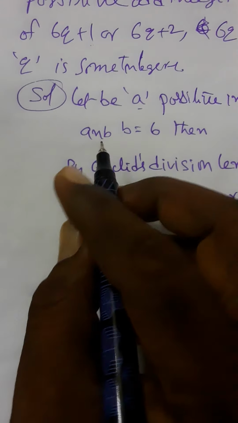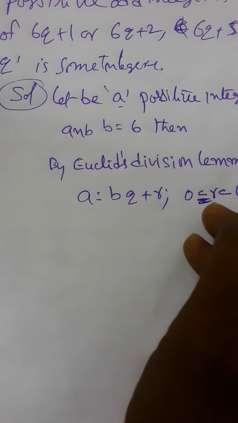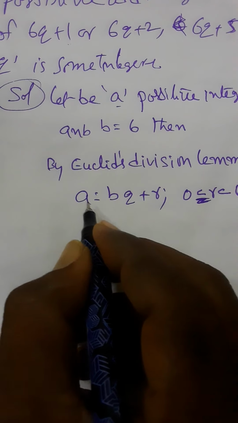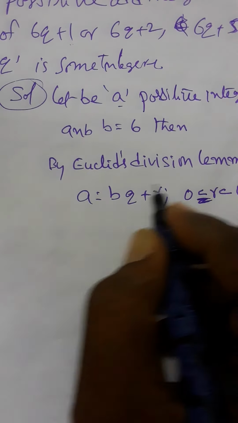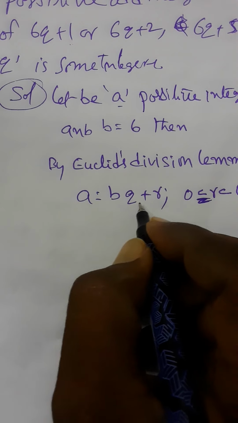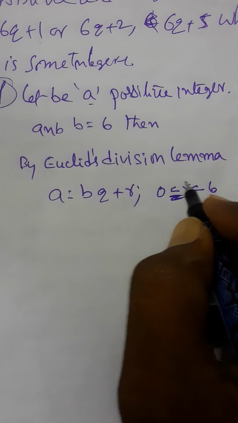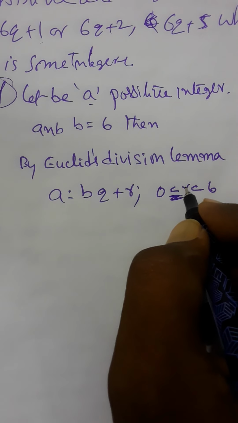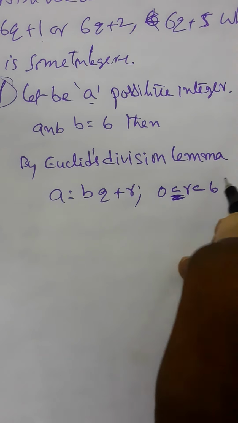Then by Euclid's division lemma, a is equal to bq plus r. This is the Euclid division lemma: a equals bq plus r, where the remainder r is at least 0 and less than 6.